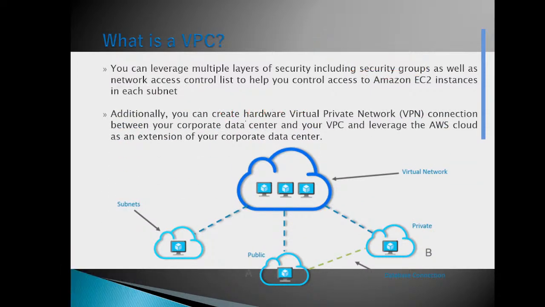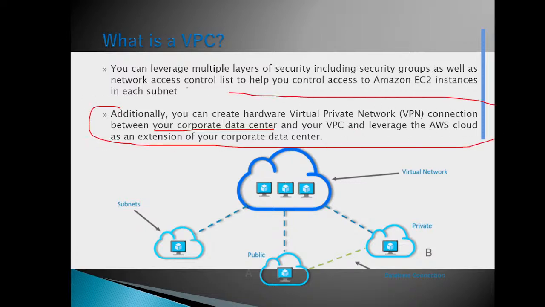Additionally, you can create a hardware virtual private network connection between your corporate data center and your VPC, and leverage AWS as an extension of your corporate data center. This is one of the things Amazon is giving now. Remember we talked about hybrid cloud? You are running some applications in the cloud and some on premise, and if you are doing so, you need a secure connection between your on premise and cloud.